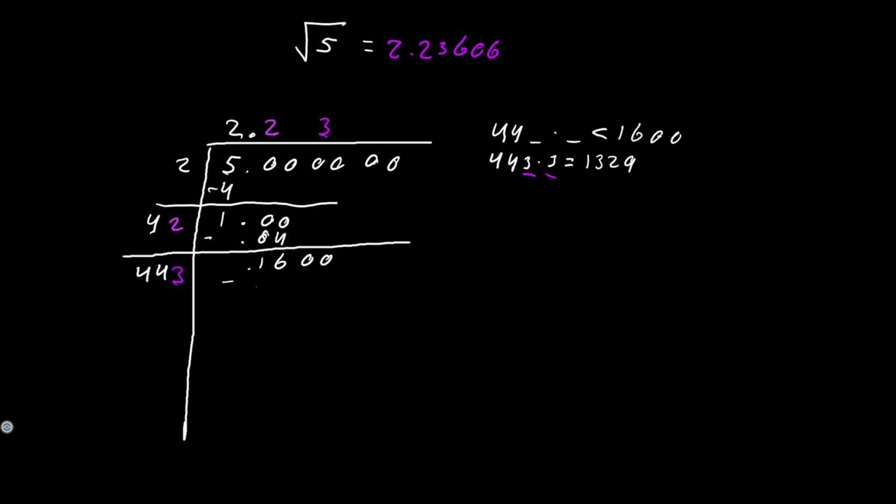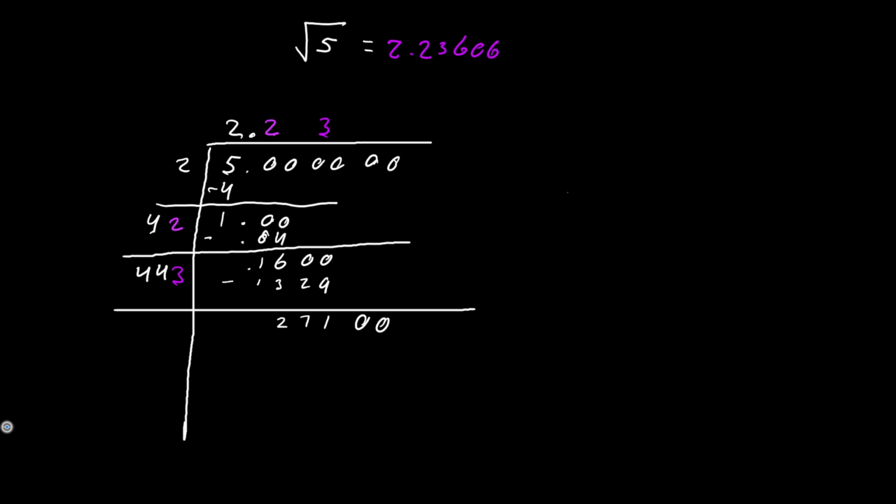So we have to just add 1329, which is going to be 1720. So we just include the last 2 zeros. And now the number we're going to get here is 446. And we have to find a number such that in its thousandths place is less than 271 when it is multiplied by that number.